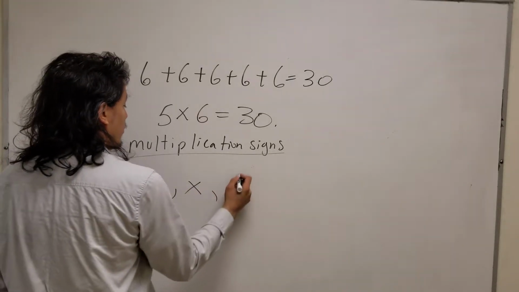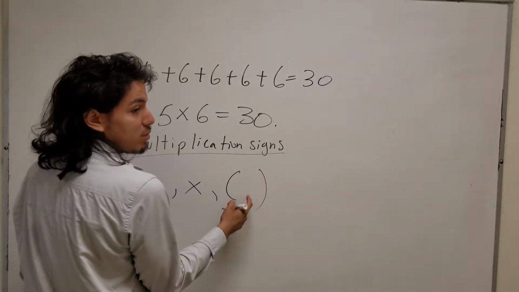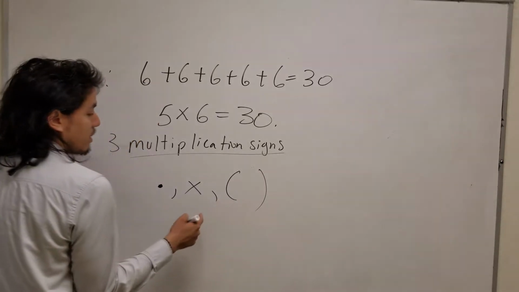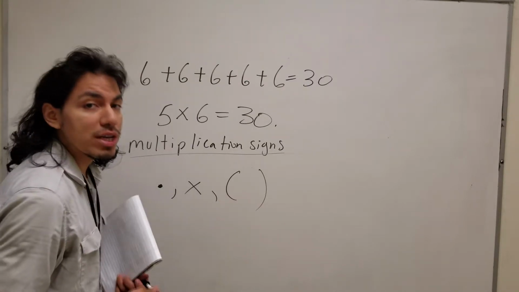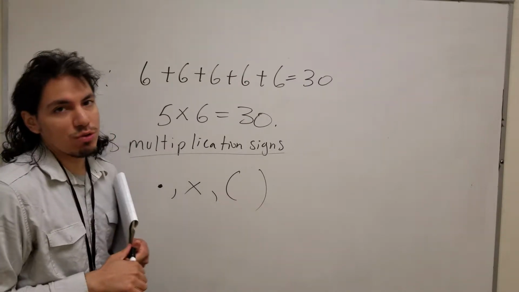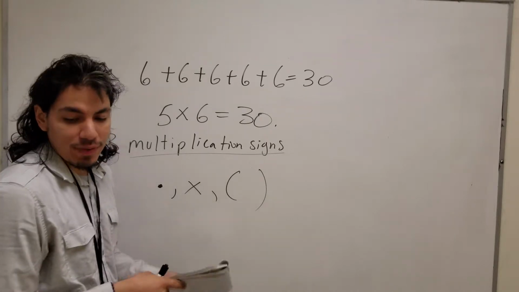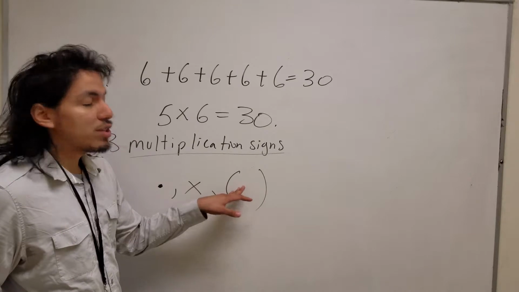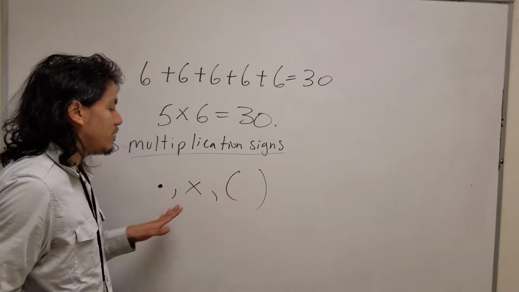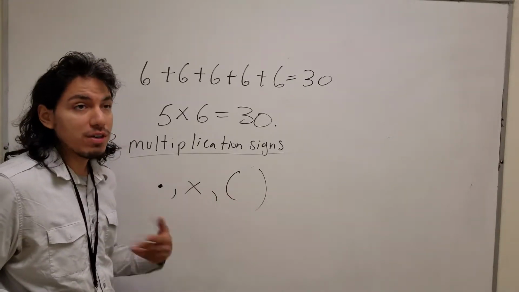But the one I prefer to use is the parentheses. This is the most useful one in my opinion because it doesn't get in the way of any other operations such as addition, subtraction, multiplication, or even division. I'd recommend everyone use this one, but use whichever one is most convenient or preferable to you.